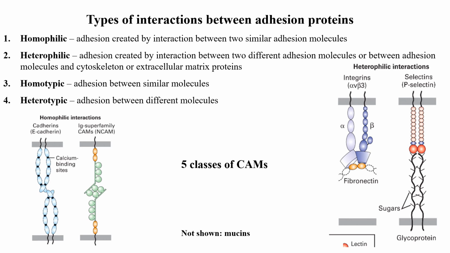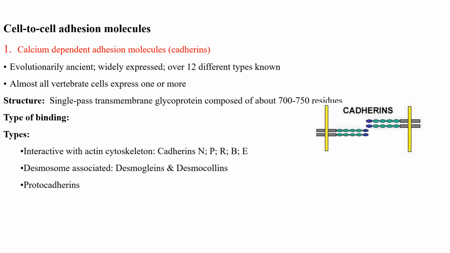So there are the immunoglobulin superfamily of cell adhesion molecules, then cadherin, integrin, and the superfamily of C-type lectin-like proteins. Proteoglycans sometimes are also considered to be a class of the CAM. Further, talking about the cell-to-cell adhesion molecules, first we'll be talking about the calcium-dependent adhesion molecule, which is known as the cadherins.